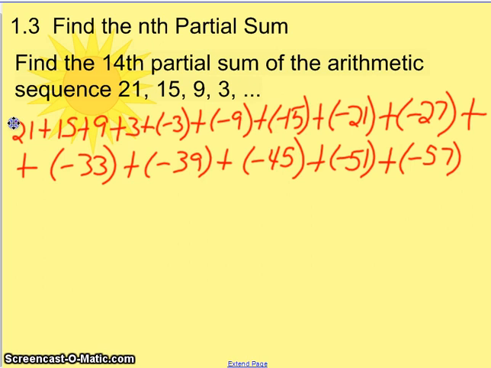I'm going to use the calculator to add them all up. Okay, I got negative 252.